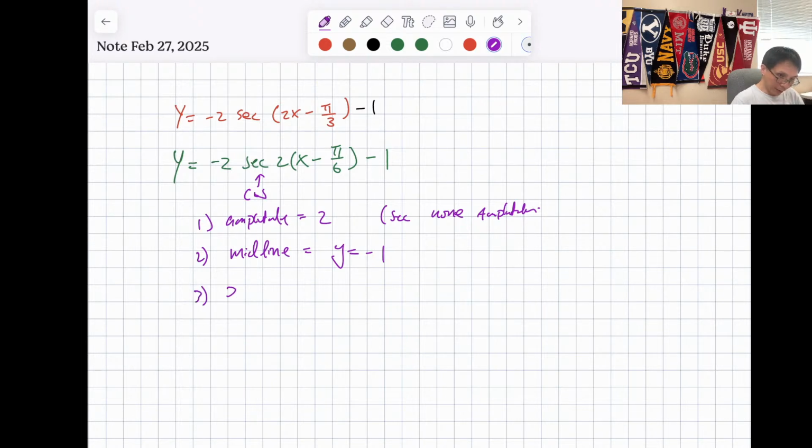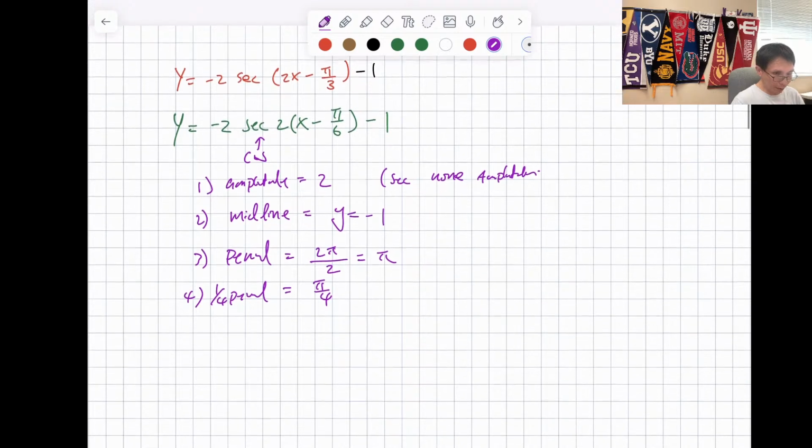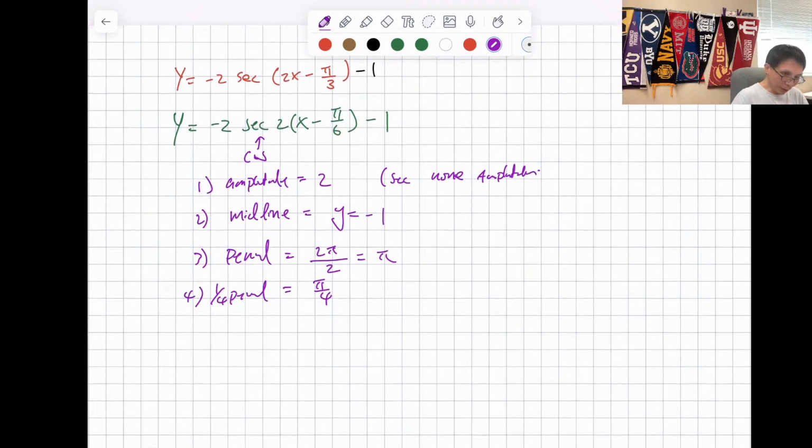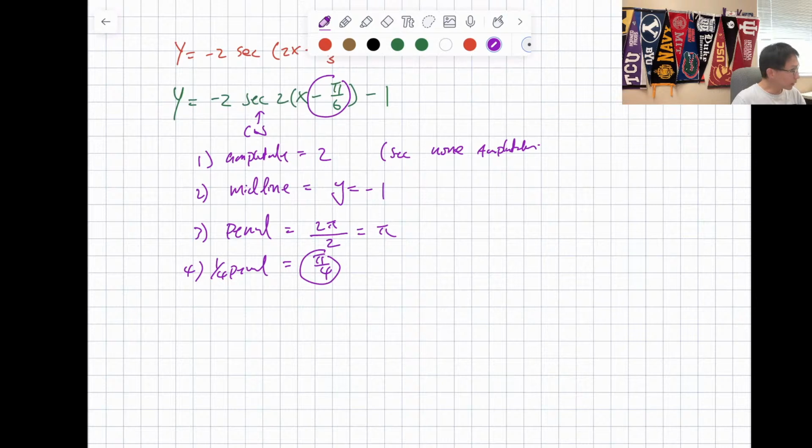The period is equal to 2 pi over 2, which is pi. Is that okay? Okay. The quarter period is equal to pi over 4. Now, here's the thing that you might have a hard time with: this quarter period and this starting value have different denominators.